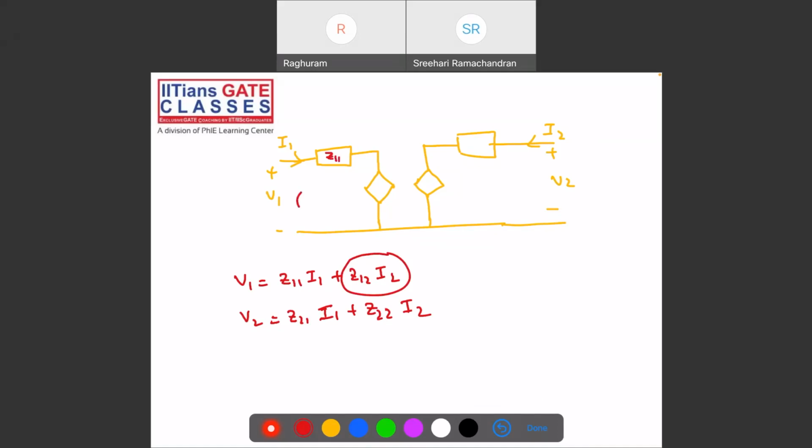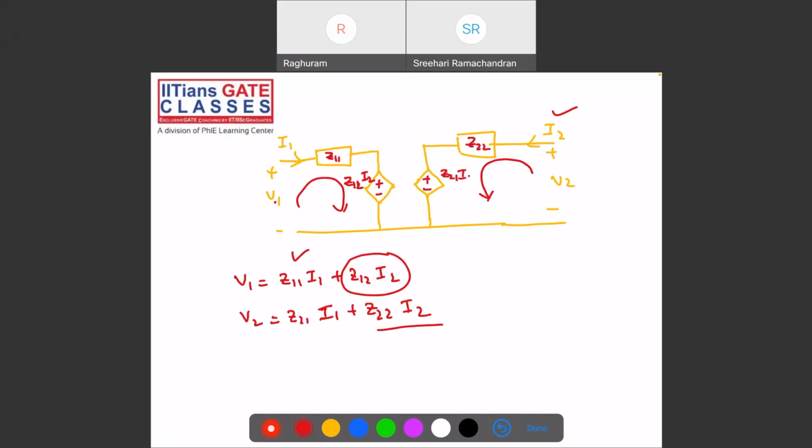If I write the loop equation here, V1 is equal to I1 into Z11, plus a dependent voltage Z12 into I2, which depends upon this current and the value Z12. Similarly, from this side, V2 is equal to Z22 I2 plus Z21 I1.